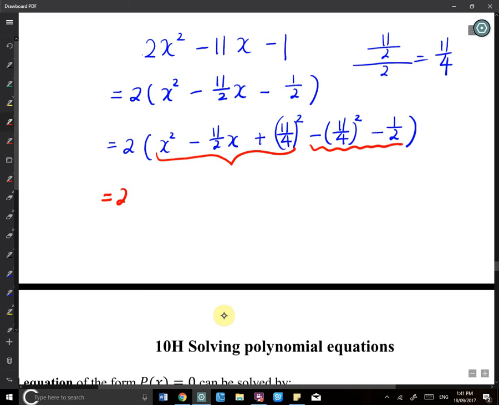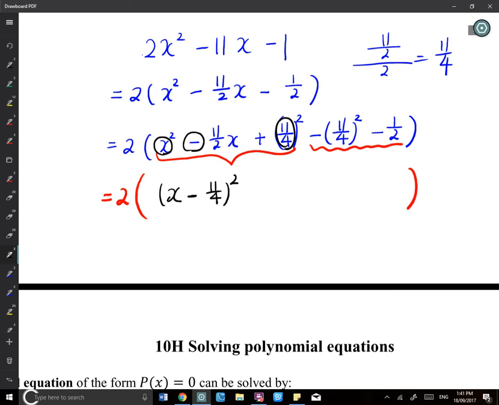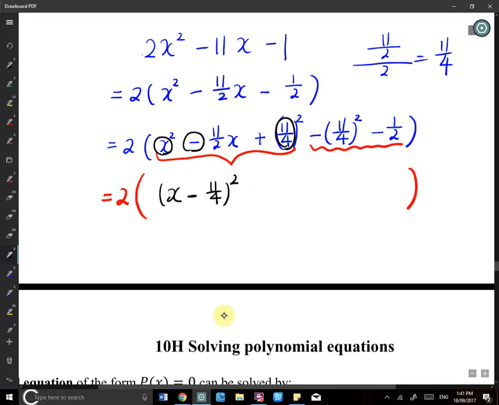So remember, as I said, there's always a bracket here, and you're adding a new bracket around those 3 terms. So you take the x, you take the sign, and you take the number in the bracket. So it's x minus 11 over 4 squared. Okay, what we have here? Minus 121 over 16. Not 8, 16.